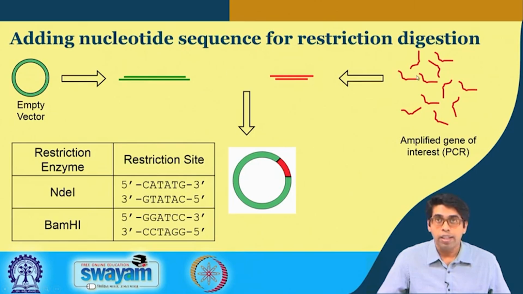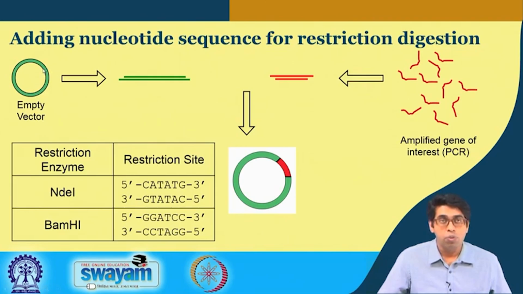We will have to ligate the gene into this vector, and to do that we have to first digest both the empty vector and the PCR product by a set of 2 restriction enzymes. The reason we use 2 restriction enzymes is that they will cut somewhere here, which is the multiple cloning site, as I discussed in the last lecture.